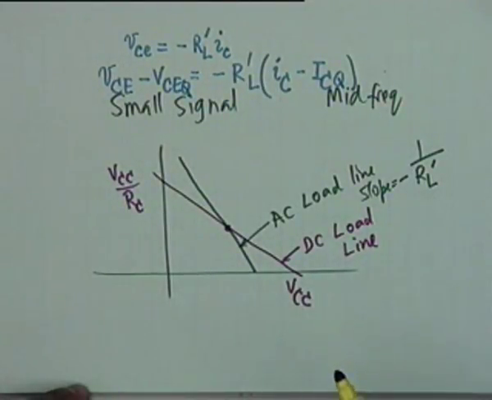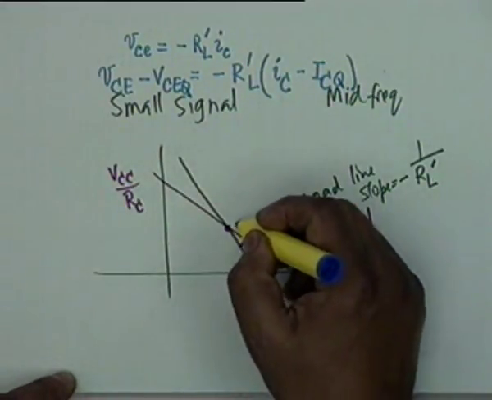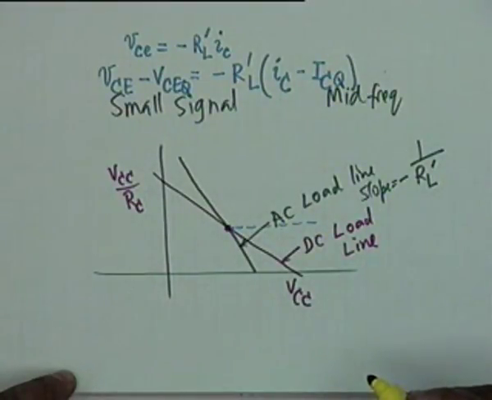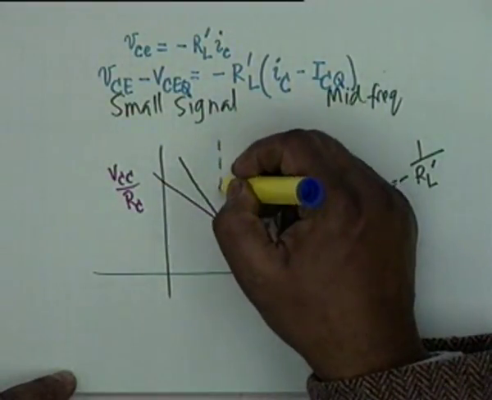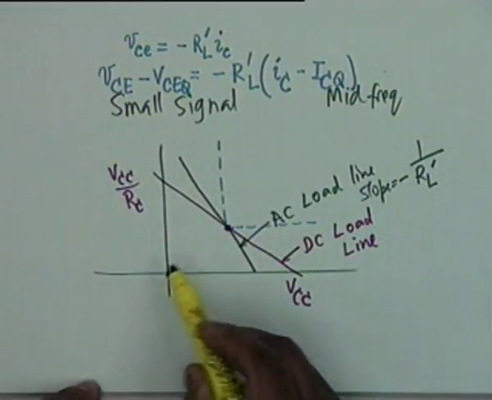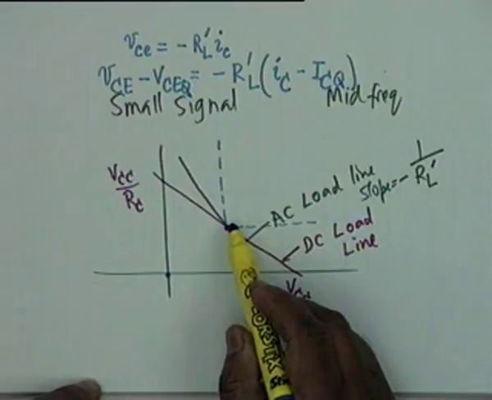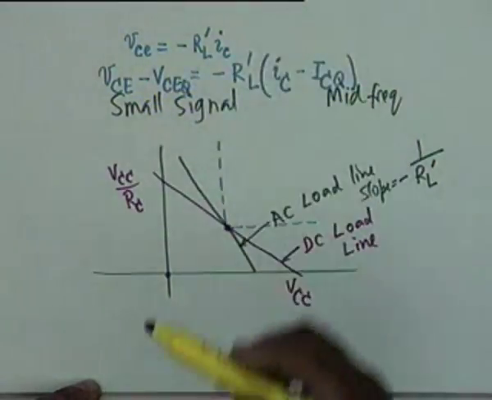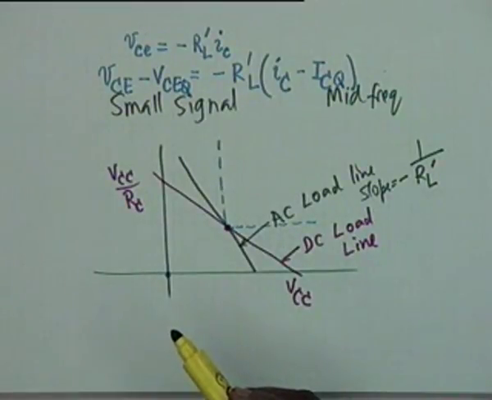It is as if in the AC operation, the axes of the current and voltage are shifted to the Q point. Is that clear? You see, when total VCE is equal to VCEQ, the incremental collector-emitter voltage is 0.